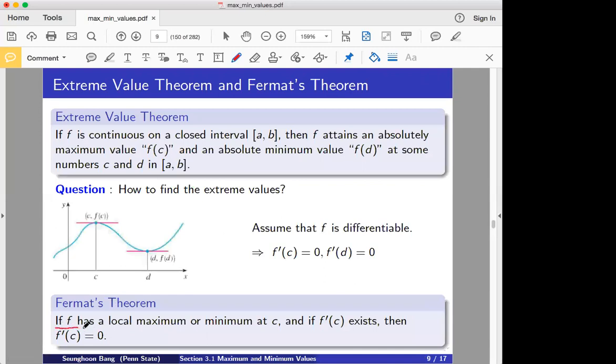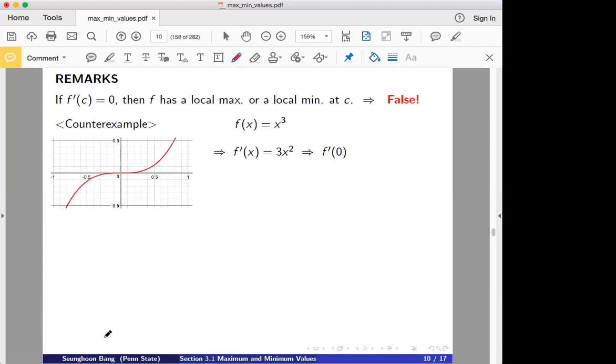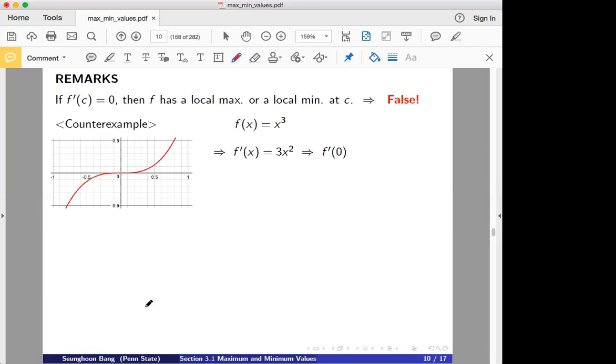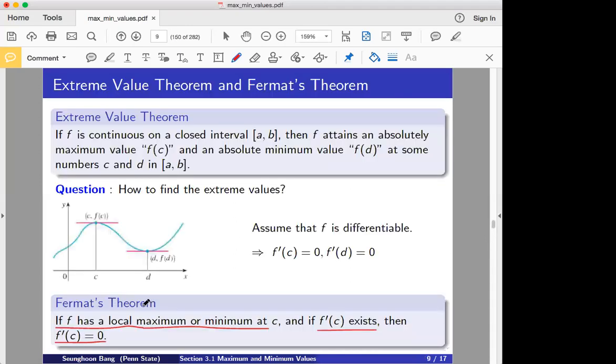If f has a local maximum or local minimum at c, and f prime of c exists, then f prime of c equals 0. Only this case. The other case is no. So from the previous example, here we have a local maximum, local minimum.